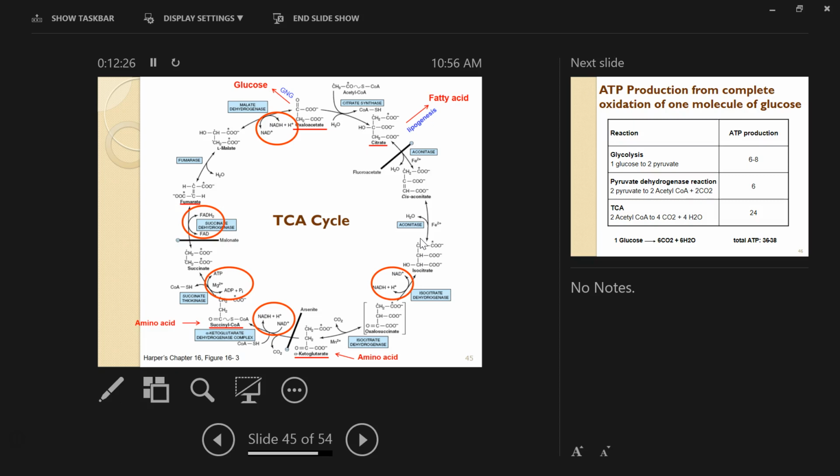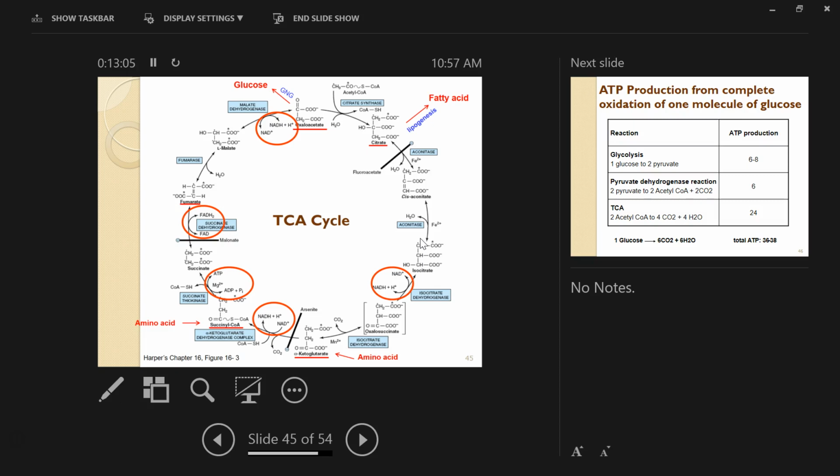So then you calculate how many total ATPs can be produced when one TCA cycle is finished. One NADH, once it goes through the electron transport chain, will produce 3 ATPs, right? And FADH2 will produce 2 ATPs. So 3 plus 2 will be 5, and plus 1 ATP at the substrate-level phosphorylation.